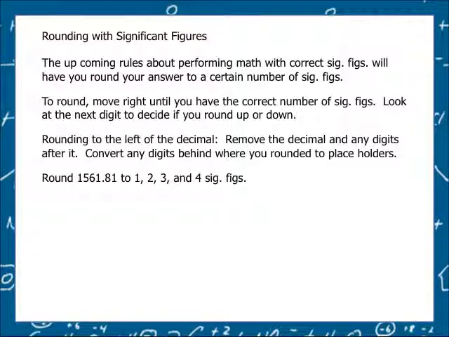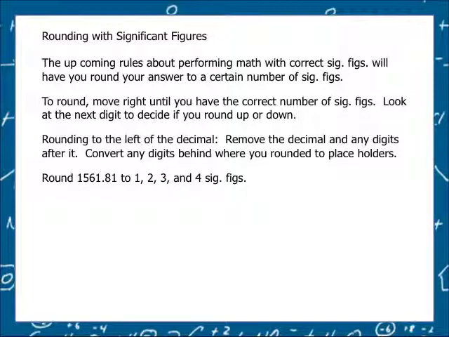So let's say I did a calculation in a lab and my calculator returned this. Right now this has, you can follow the rules, there aren't any zeros in it, so everything is significant. This number as it's written has 6 significant figures, and we're going to practice rounding it down to a lower number of significant figures, 1, 2, 3, and 4.